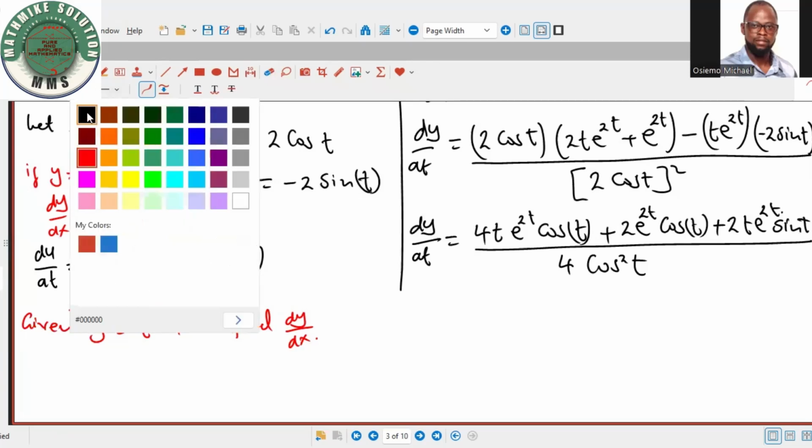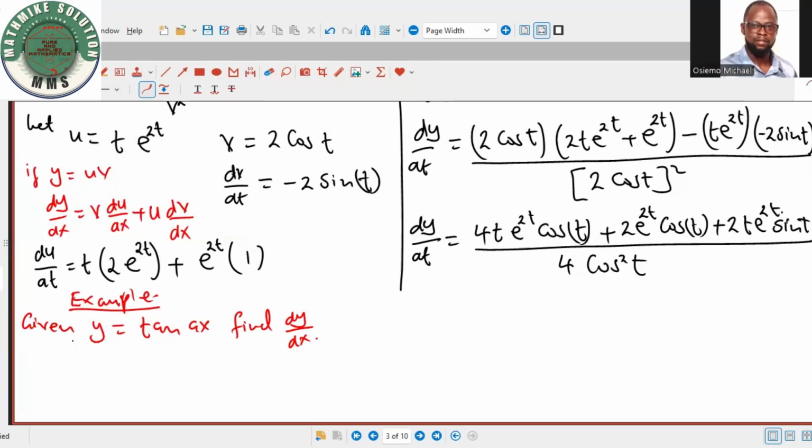So what we need to remember, in trigonometry, we said that tan ax is the same as sine ax over cos ax. And so that's why you can now apply the quotient rule to solve for its derivative, because we can treat sine ax as our numerator function, which is u, and cos ax as our denominator function, which is v.